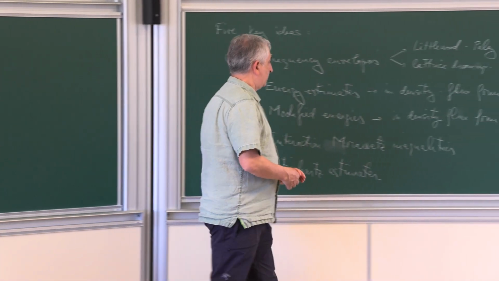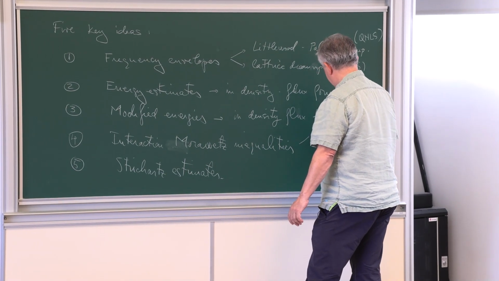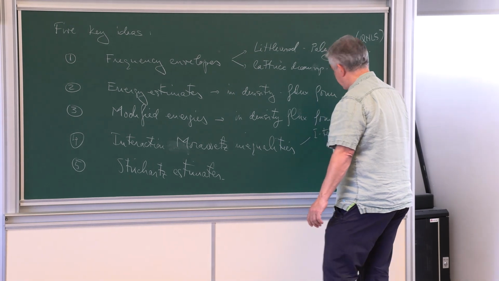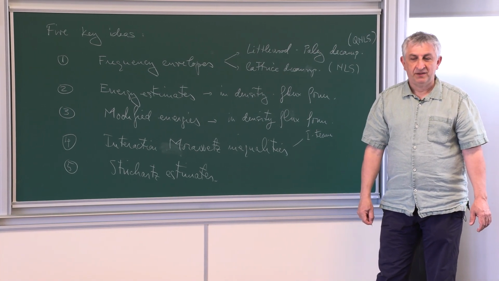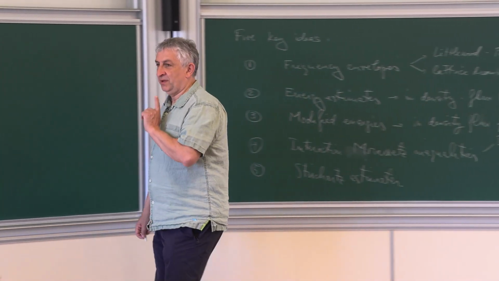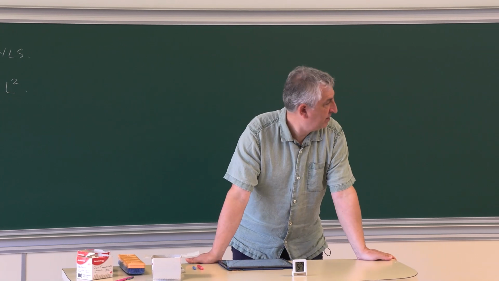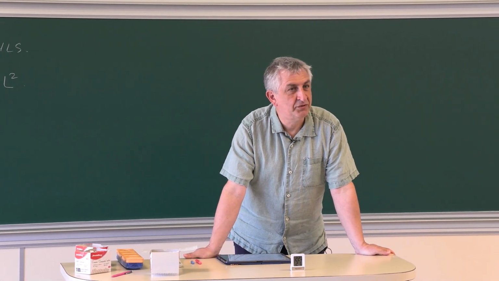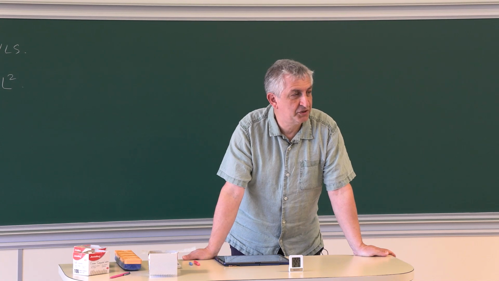Interaction Morawetz inequalities go back to the I-team, about 20 years ago, if I remember correctly. But we are interested here in low dimension, especially dimension 1 and dimension 2, and the original formulation of the interaction Morawetz didn't quite work in dimension 1.